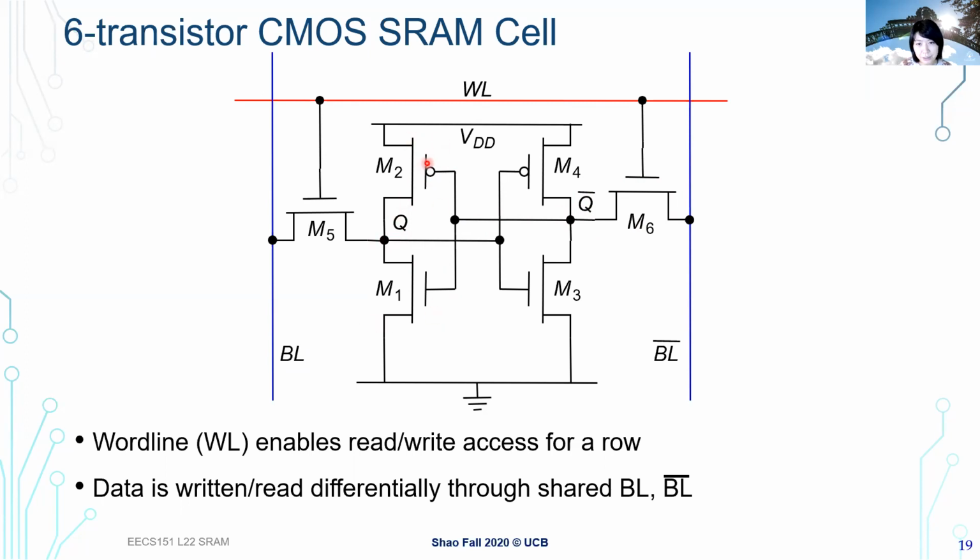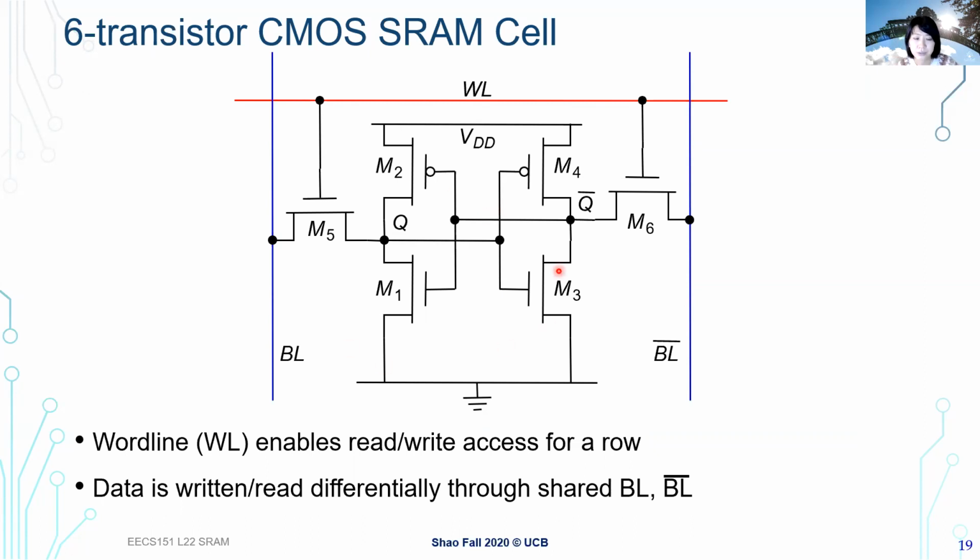So this is one inverter. This is another inverter. They form a loop here, and then 2 access transistors so that we can access the values being stored in this pair of inverters and also overwrite the value if we perform a write operation.